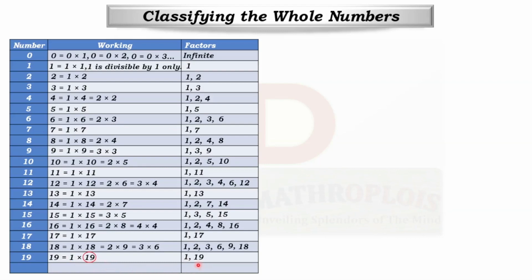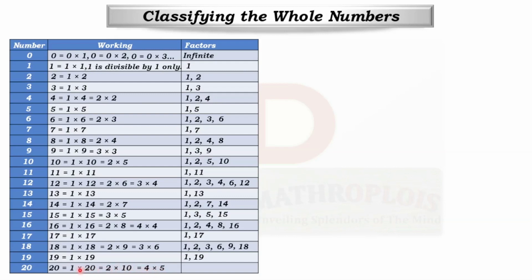Next number is 20. Let us now find out all possible factors of 20. 1 multiplied by 20 is equal to 20. 2 multiplied by 10 is equal to 20. 4 multiplied by 5 is equal to 20. And there isn't any other factor of 20.